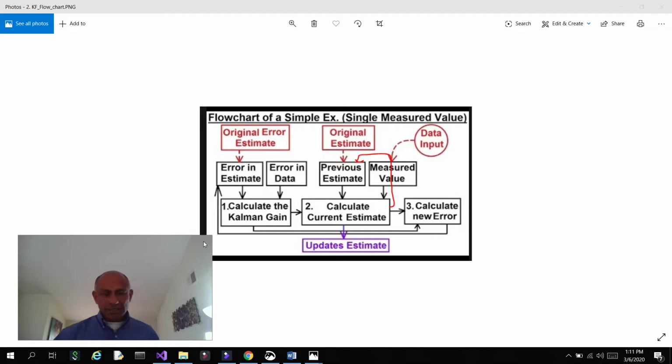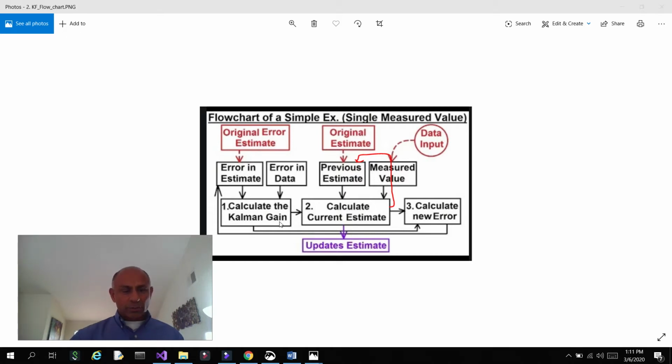So what it does, this is a flow chart. We first come up with the original error in estimate, and we pass it, and then we come up with the error in data.